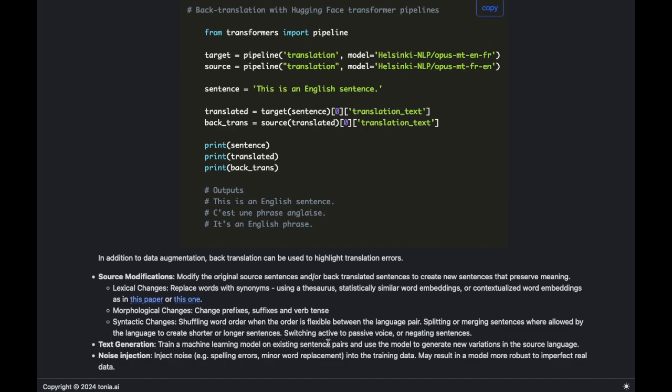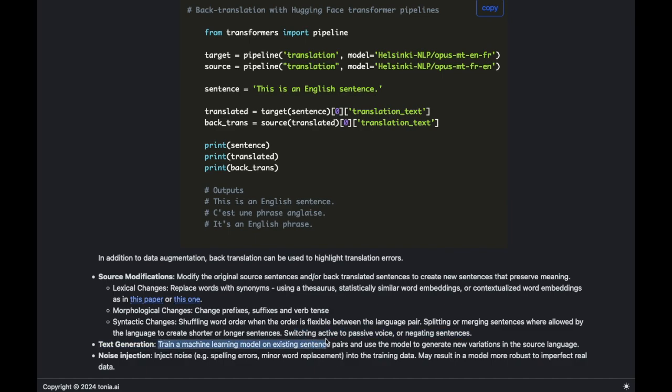You can switch from active to passive voice, and you can play with negating sentences to generate a new sentence that has the opposite meaning of the original sentence. In addition to source modifications, we can do text generation and automate that by training a machine learning model.